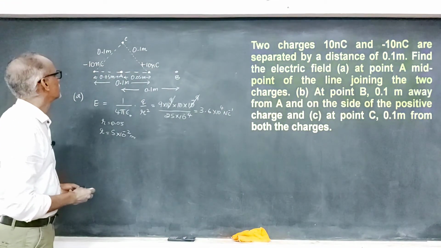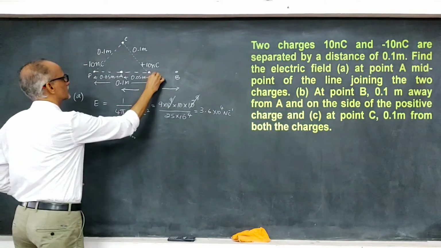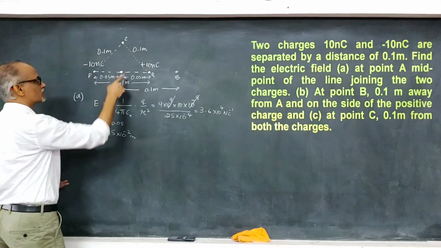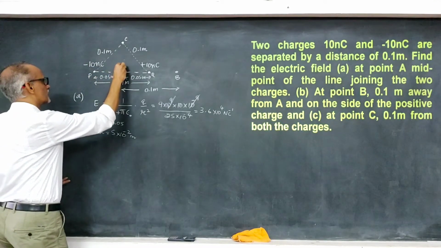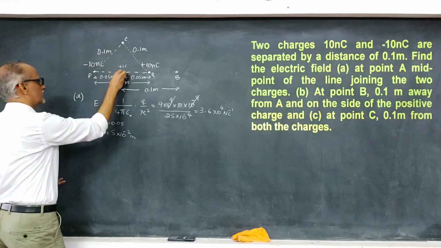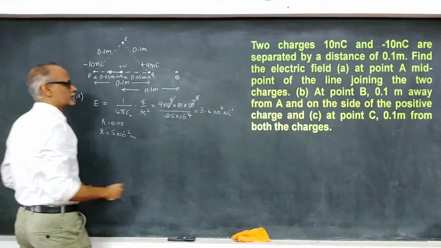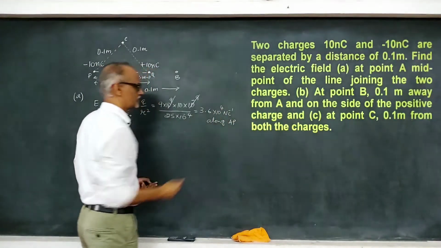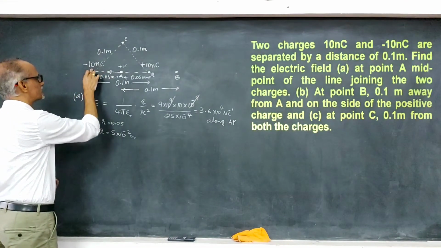And the direction of it, here I'm going to consider this as P and Q. So it's a positive charge, it's a negative charge. And if I place a plus 1 coulomb here, it's attracted. So the direction will be along AP. That's the field at A due to the negative charge.